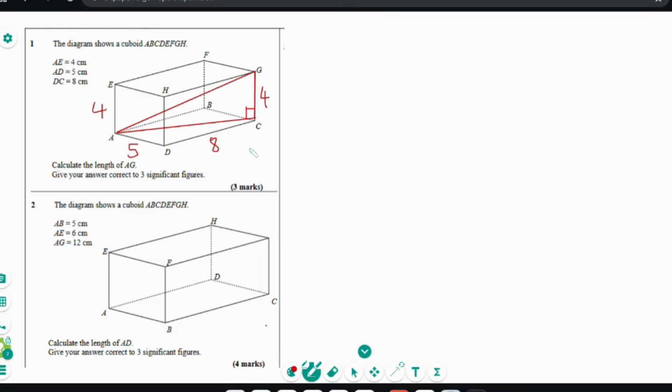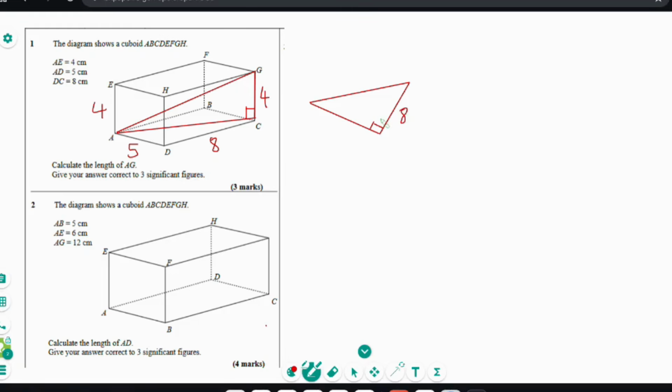We don't have AC, but we can find AC. There is a rectangle at the bottom, ABCD. So we have the right angle triangle here, ACD. We will use that to find AC first.